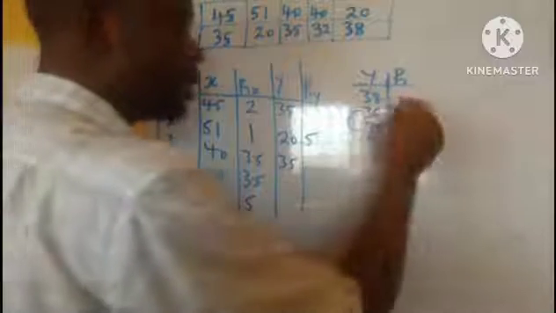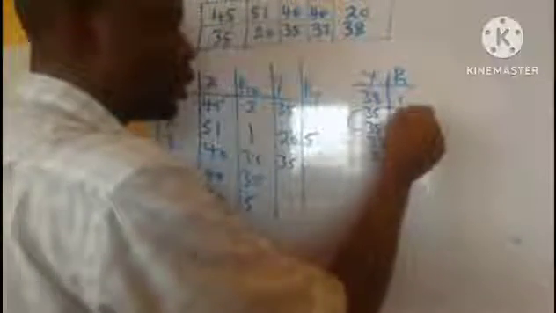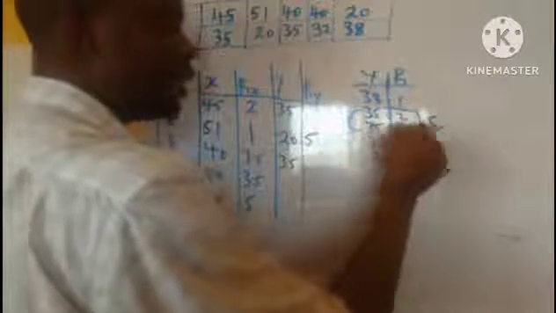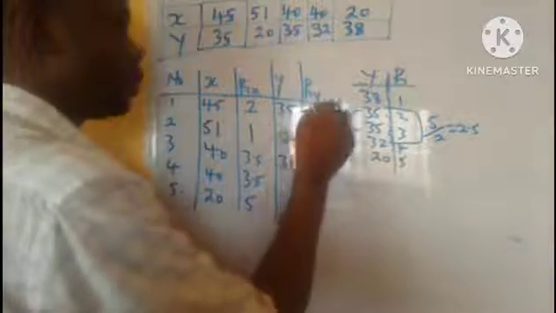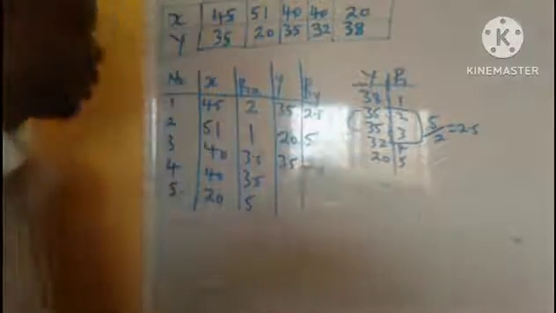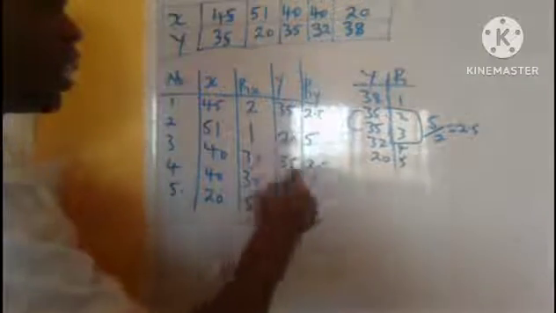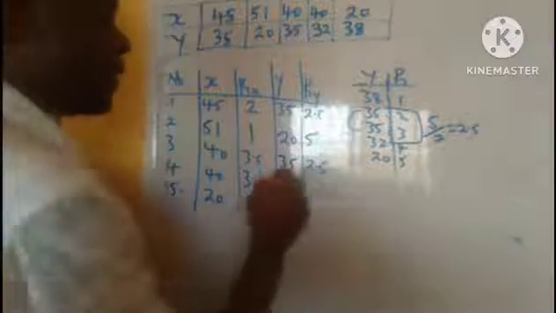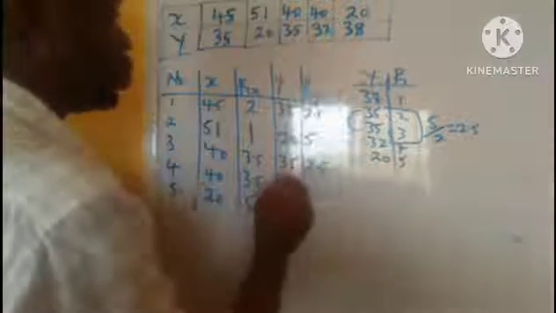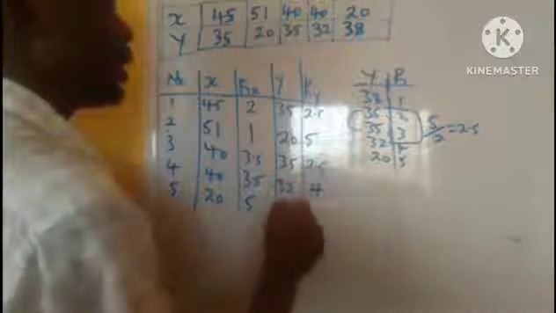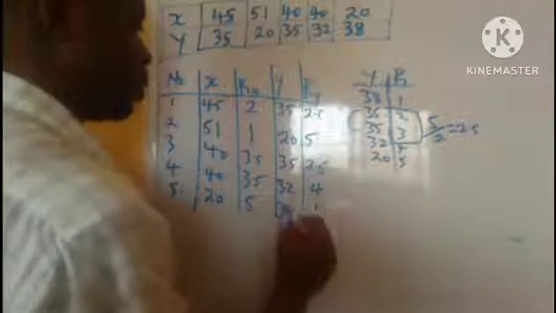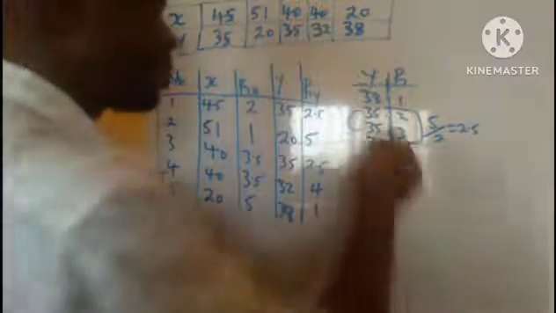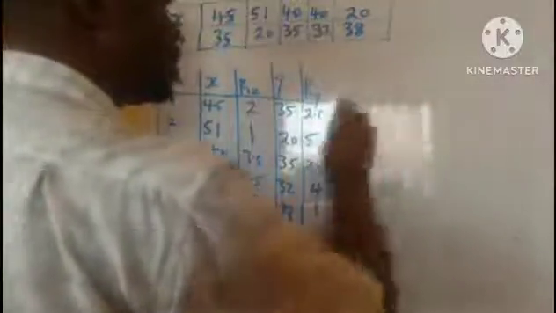Since this number repeats itself 2 times, we add 2 and 3 together to give us 5, divided by the number of times it repeats itself, which is 2. So we are going to have 2.5. So 35 is 2.5, and the other 35 is also 2.5. Then 30, what next? 32, whose rank is 4. Then 38, whose rank is 1. We're almost done. Having understood this, you can do this in your rough sheets.